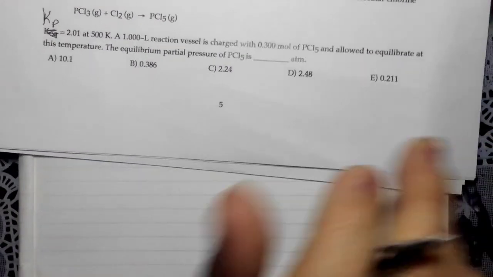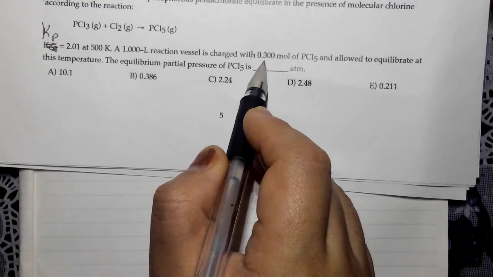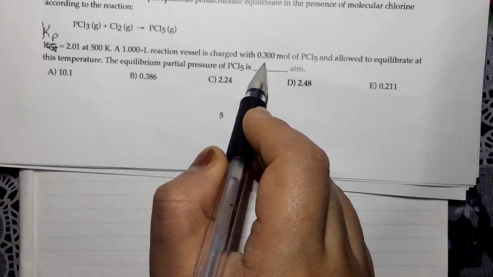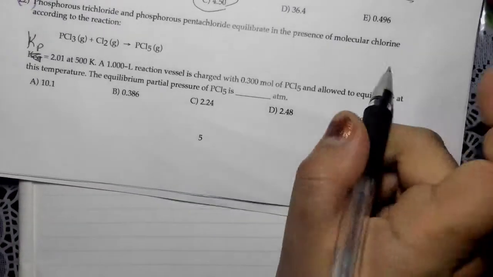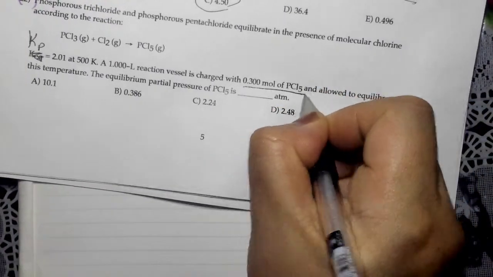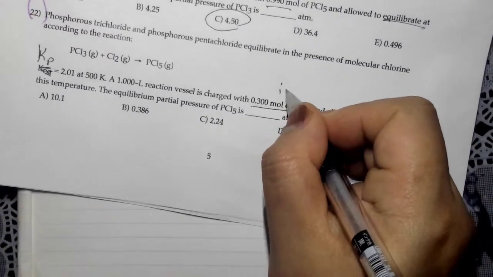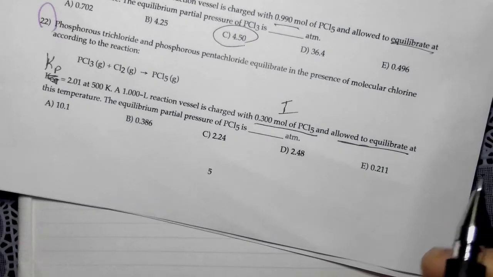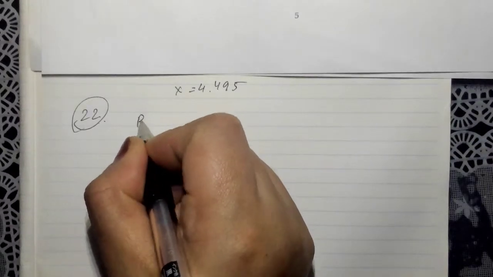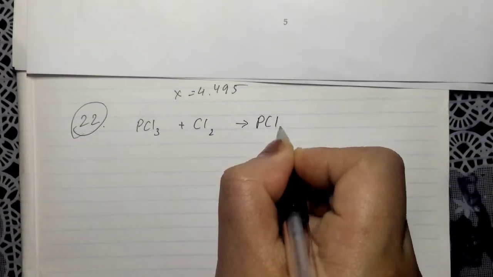Same idea actually. If you look, Kp times this, and then they give you the charge. And one extra, right? Because this time, guess what? We're allowed to incorporate. That means this is the initial. So PCl3 plus Cl2 goes to PCl5.